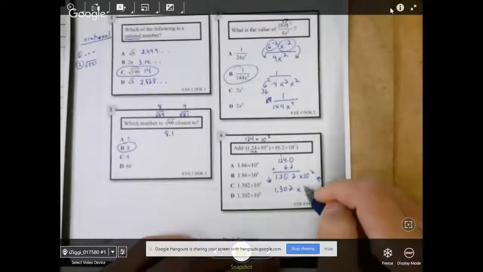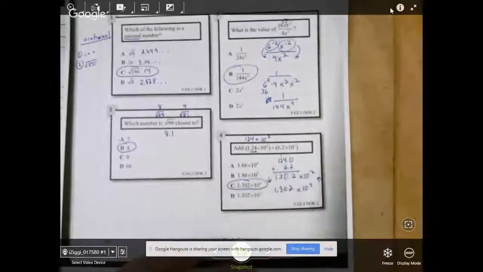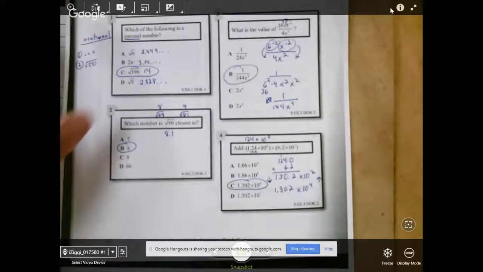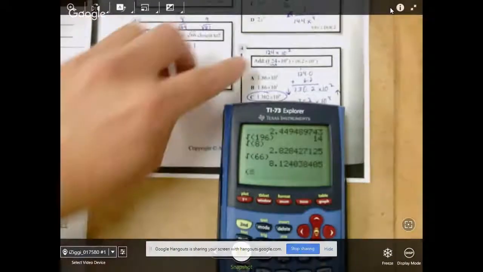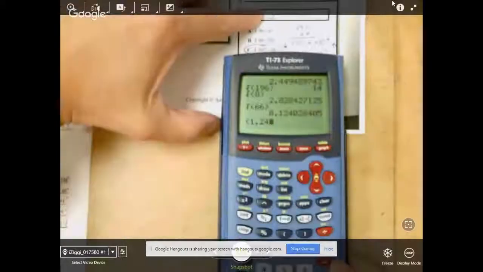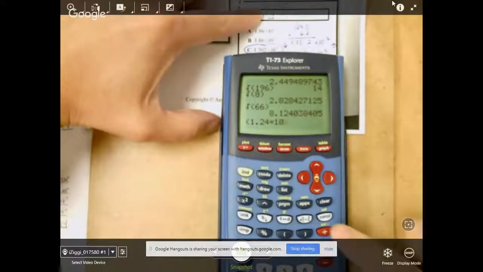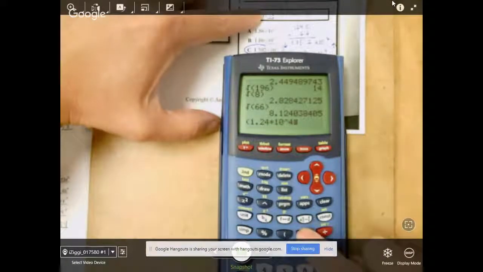If you do that in your calculator, for this one, you have to type it in exactly as you see it. Parentheses, 1.24 times 10, the power button, the exponent button, is this caret, to the 4th, plus 6.2 times 10, there's the caret, squared.